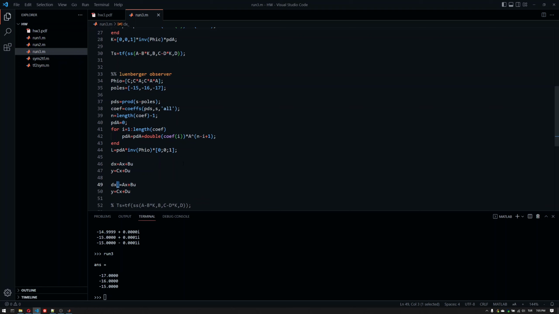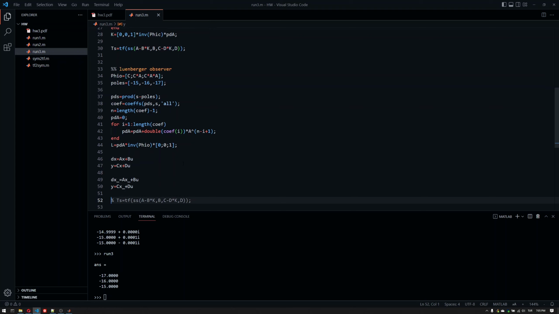So let's have an underscore for that. It shares basically the same dynamics. What I'm going to do is add another correction term, plus L times y minus y underscore. So basically we take the output of the system, use our own output, take the difference, and feed it back to the observer.